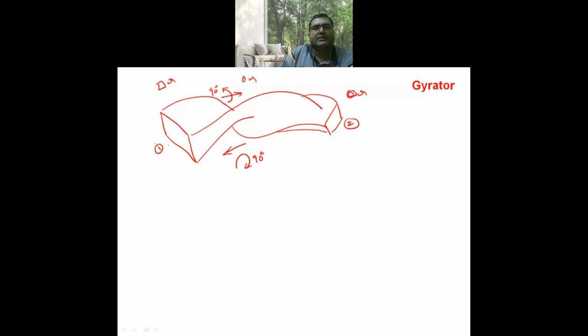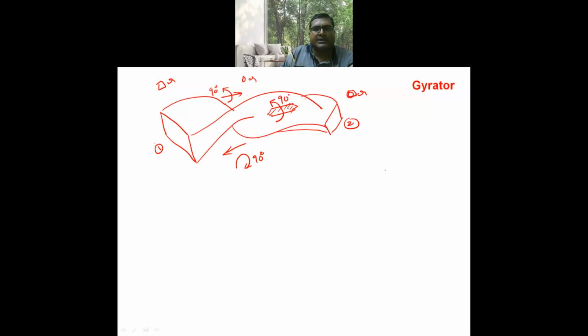And consider a tapered ferrite rod which is placed inside the circular waveguide. Once again assume the ferrite rod offers rotation 90 degrees in anti-clockwise direction. Means when the wave is traveling from either port 1 to port 2 or port 2 to port 1, ferrite rod offers rotation in the same direction.